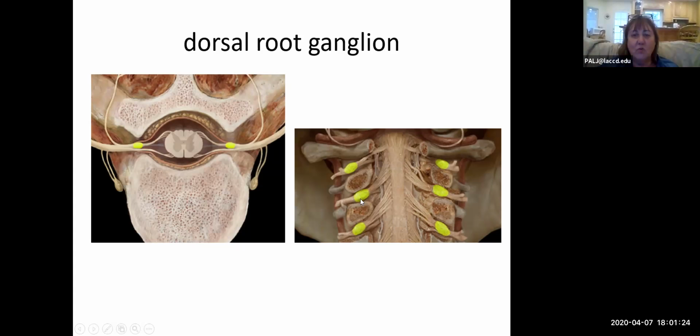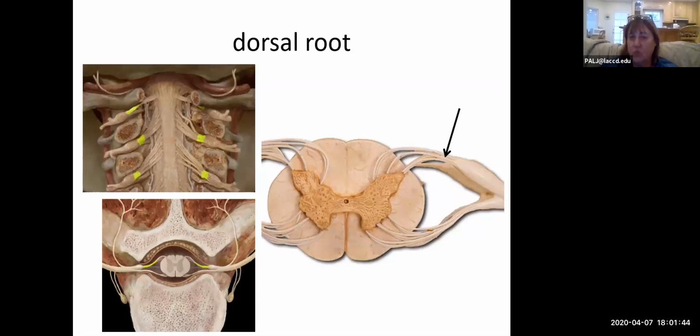You can see the dorsal root ganglion sitting in the intervertebral foramina, and you can see all the little tiny rootlets which are attaching between the dorsal root ganglion and the spinal cord. So any one of these little things we'd call a rootlet, but together we call this the dorsal root. This is where all the sensory information is going into the spinal cord.